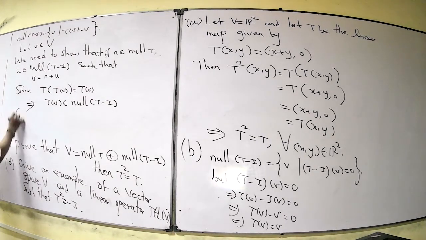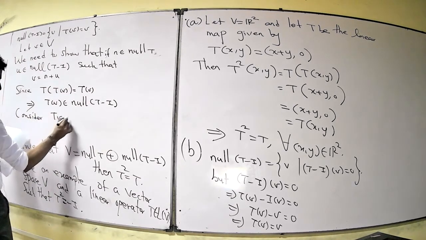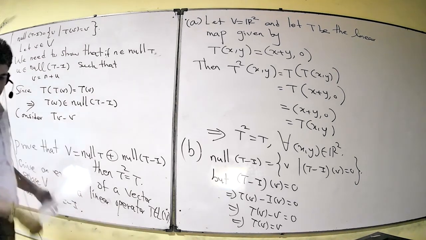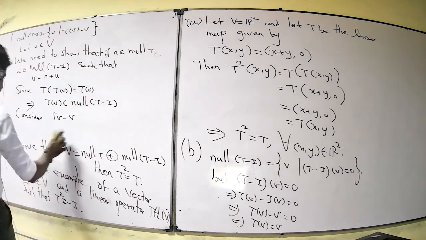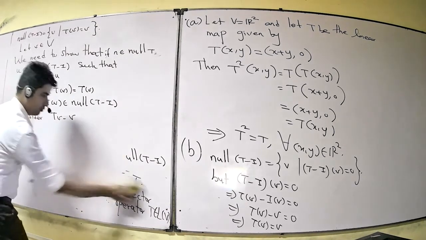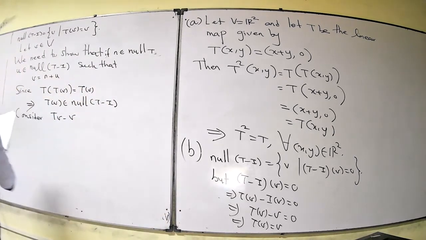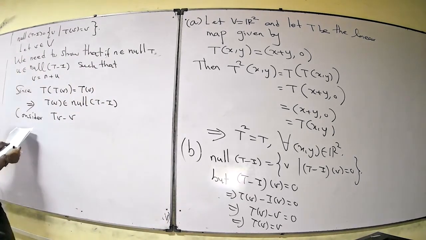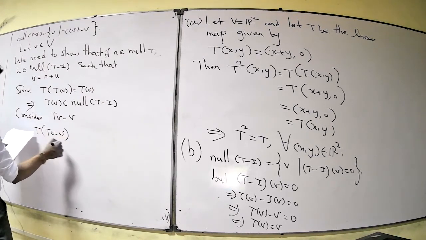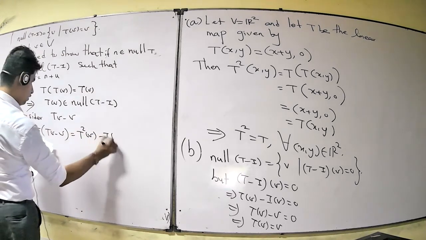Consider this T of b minus b. Now you take T of b minus b on both sides, then you get T squared b minus T of b.